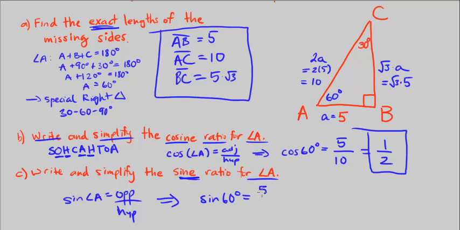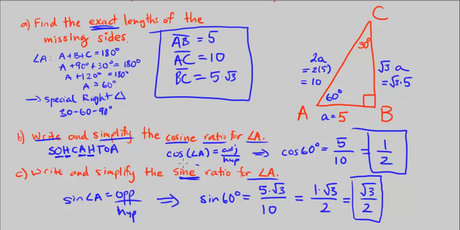It's 5 times square root of 3 over, and the hypotenuse is always the longest side, across from the right angle, over 10. We can simplify that again, knowing that 5 cancels with the 10 and becomes 1 times square root of 3 over 2. And 1 times square root of 3 is just square root of 3 over 2. So that is simplifying the sine ratio for angle A.